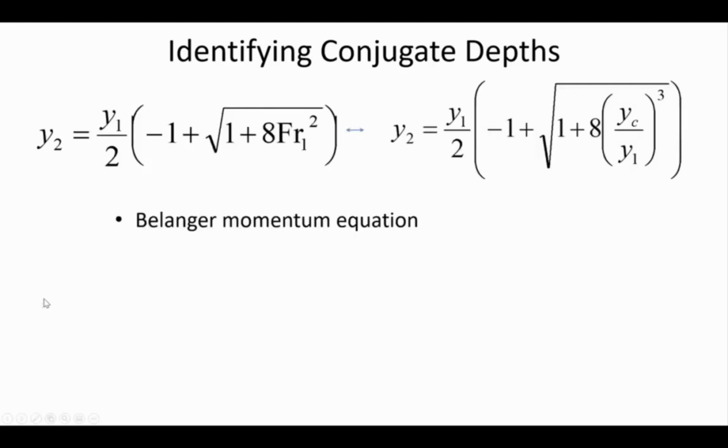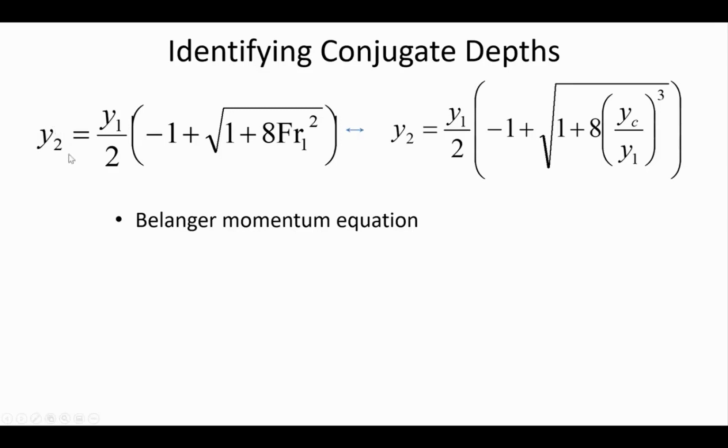The other way of doing it, besides iteration or graphical techniques, is this Bellinger momentum equation. This equation is saying what is the downstream depth, so that's after the jump. 1 is always upstream, 2 is always downstream.